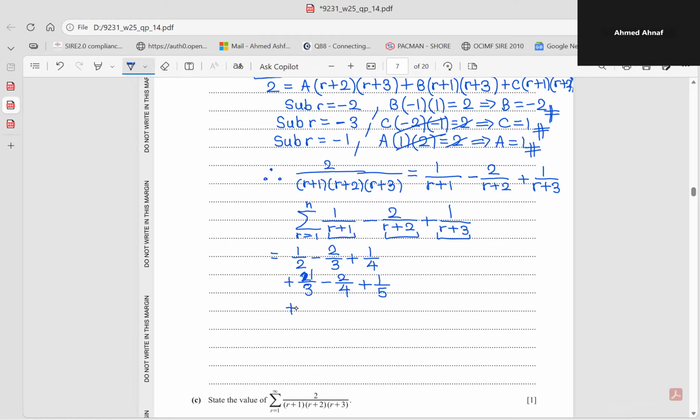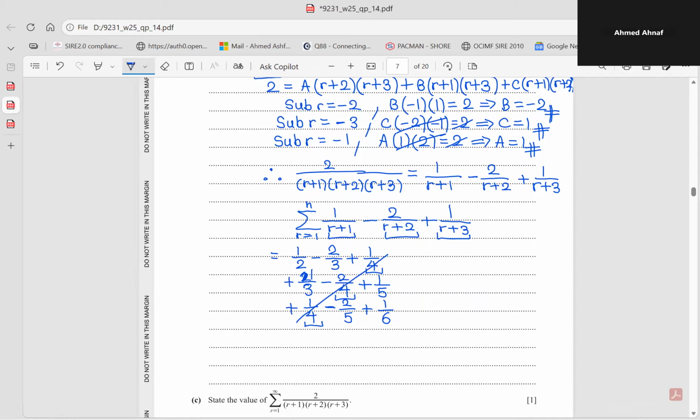Let's continue. So this one for r equals 3, 1 over 3 plus 1, which is 1 over 4, minus 2 over 5 plus 1 over 6. Okay, so we can see our first cancellation of terms. The last term for r equals 1, plus the first term for r equals 3, 1 over 4, add up to get 2 over 4, which cancels the middle term for r equals 2. So this cancels out.